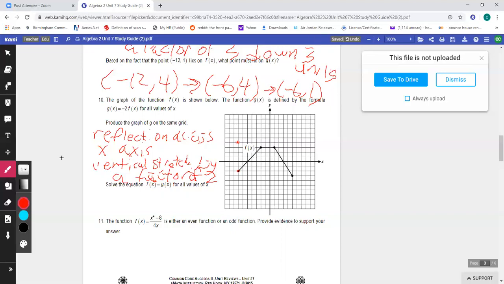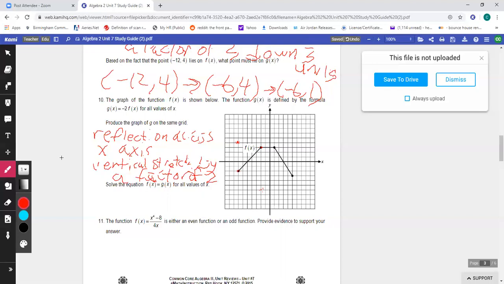Then the point located at negative 2, 3, what I'm going to do now is I'm going to take this point, reflect it across. So it's going to become negative 3, but we need to stretch it by a factor of 2, so it's going to become negative 6. And so that's your other point right there.